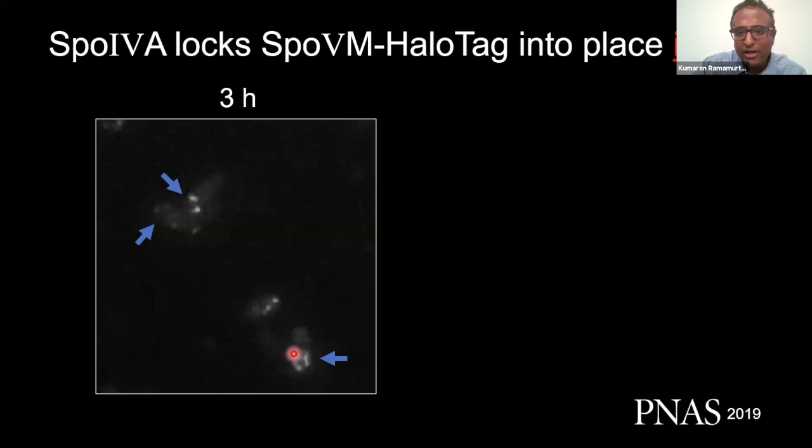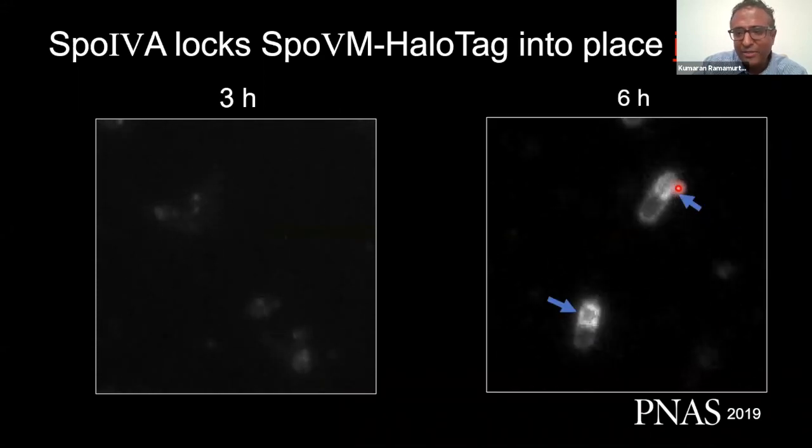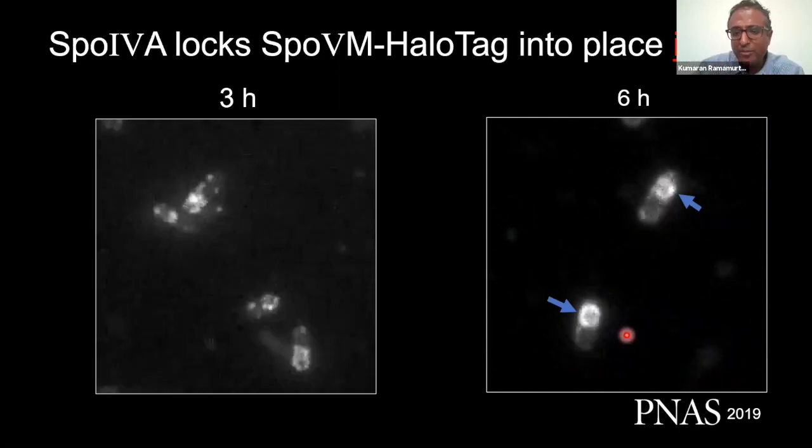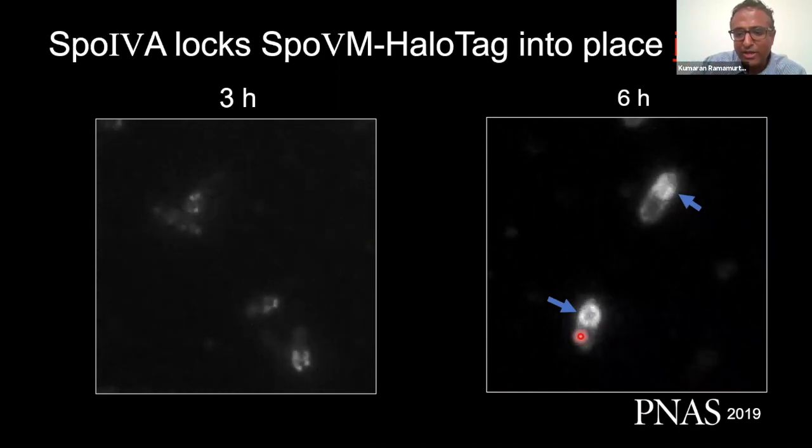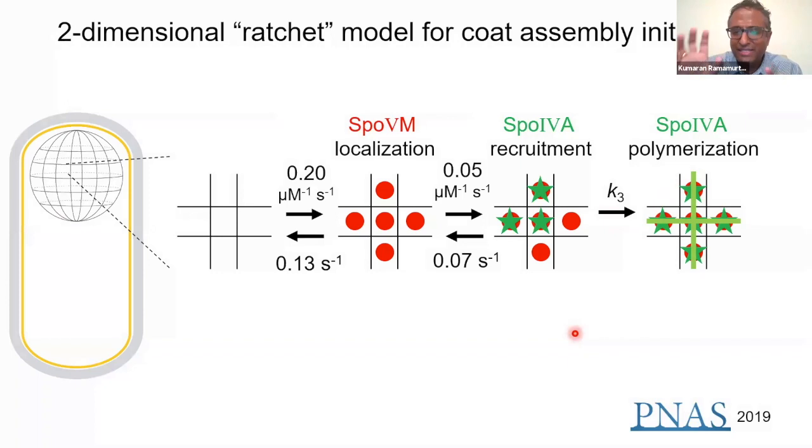But if you wait long enough, what you see is that it's been locked on to the surface of the forespore. Those proteins are not moving very much, and every once in a while you're getting a sampling of the membrane by single molecules of the first protein. So this suggests that that second protein is actually locking the first one onto the surface, and using these sorts of experiments, we can actually measure a rate constant to describe this.